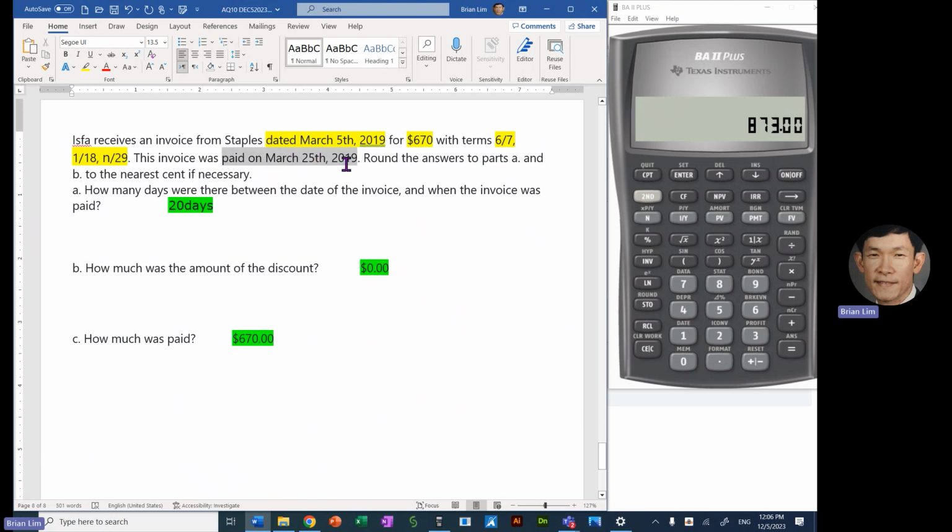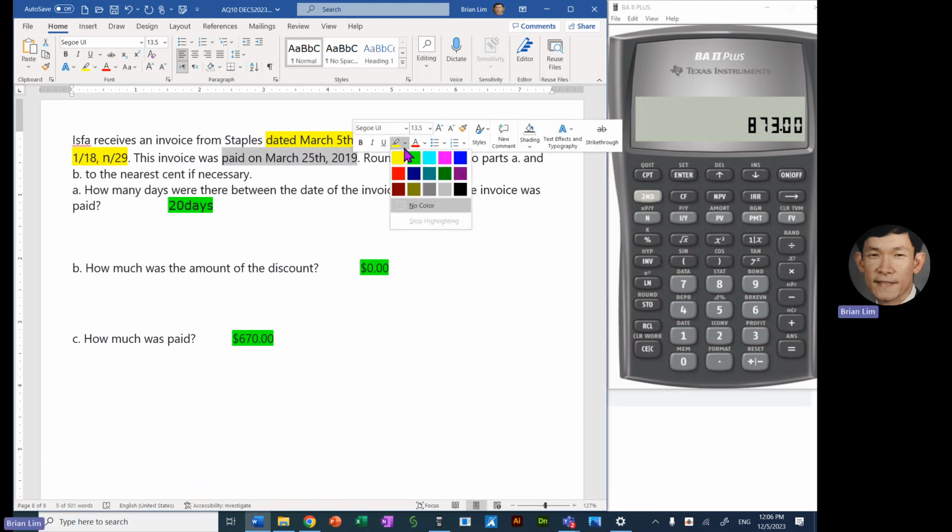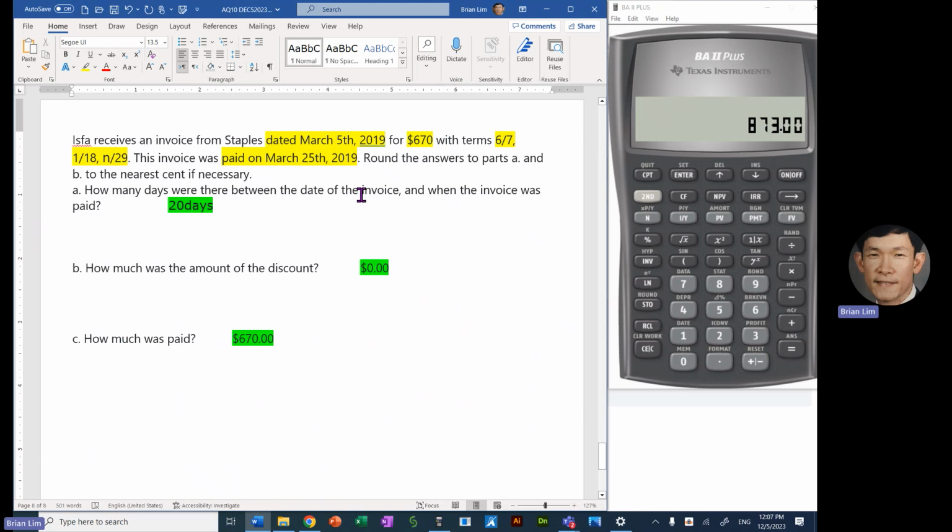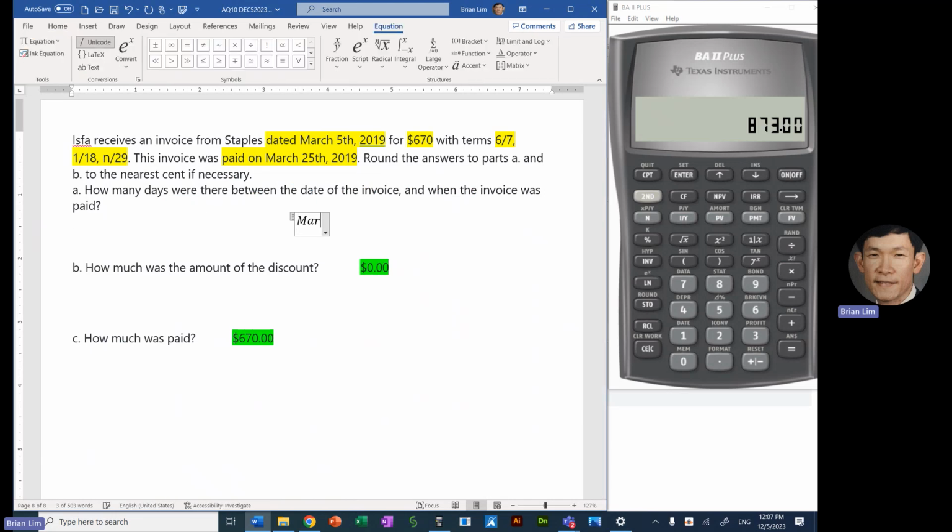Now the invoice was paid on March the 25th, 2019. So there we are. So March the 5th, sorry, March the 25th minus March the 5th would give us 20 days. That is correct. But let's say we maybe just delete this and in our normal procedure, we can put in March the 25th and then subtract March the 5th.